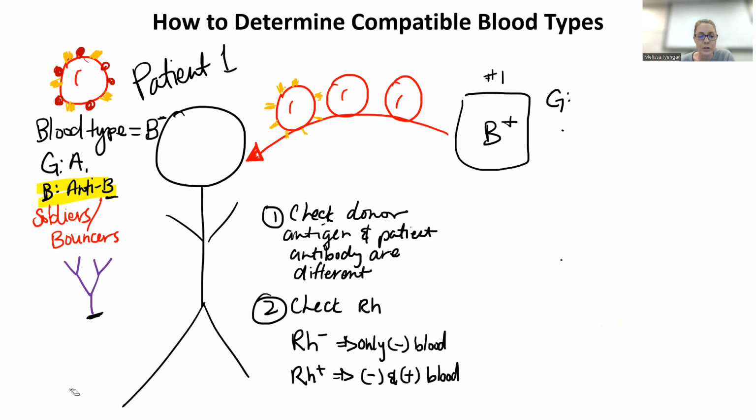Now I have to go back and do my antigens here. So this is no Rh right there. And over here, I'm going to do my B again. So my antigen is B and Rh. My antibodies are A. And I'm simply going to, once again, highlight, okay, I have to check this against this and against this.